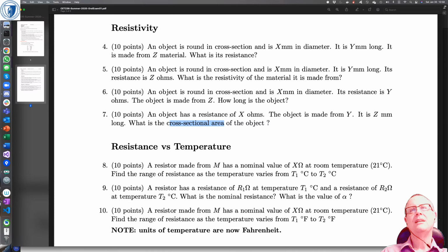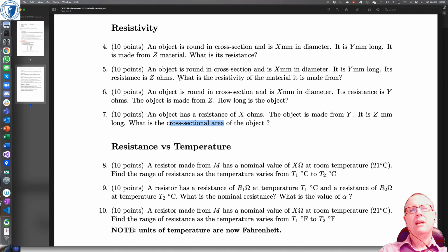All four of these questions are using R equals rho L on A. It's just which piece of R equals rho L on A is unknown. So you're going to have to manipulate the equation around to get the unknown on one side and all the known pieces on the other.